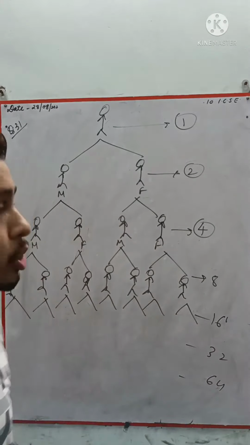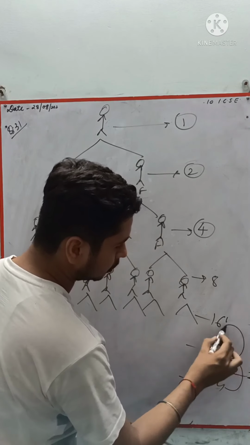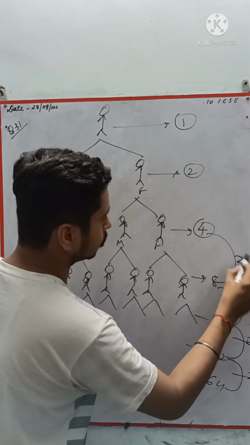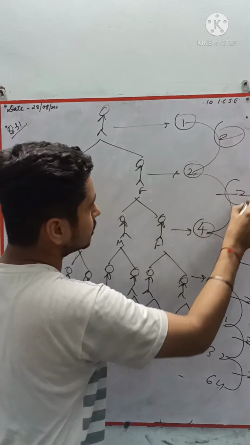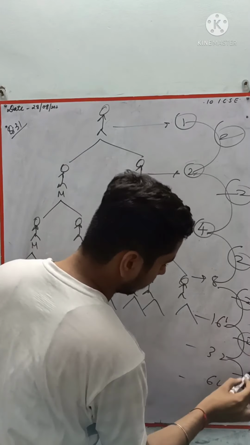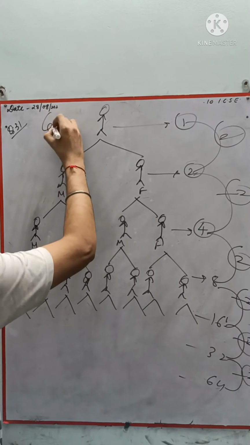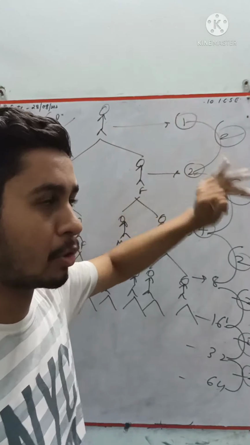In such a progression, if I ask you what is 64 upon 32, it is 2. 32 upon 16 is 2, 16 upon 8 is 2, 8 upon 4 is 2, 4 upon 2 is 2, 2 upon 1 is 2. Can you see the common ratio? That is what the geometric progression says: as in the arithmetic progression you have a common difference, in the geometric progression you have a common ratio.